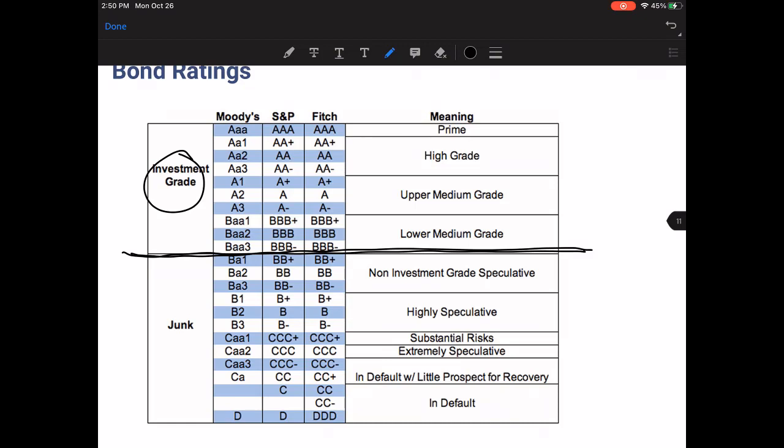So let me give you some firms to give you a sense of how risky these firms are. One of the largest market cap firms out there today is Apple, and Apple has a rating of AA+ or Moody's Aa1. So this is where Apple is.